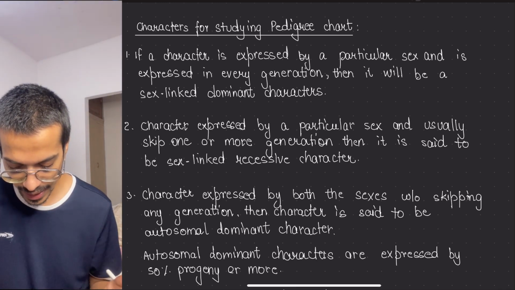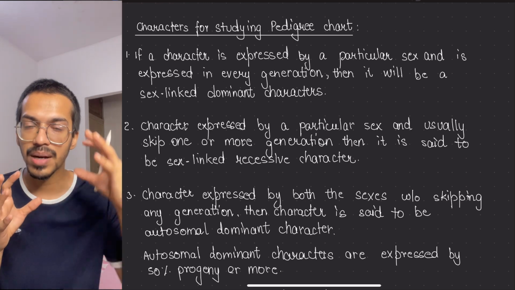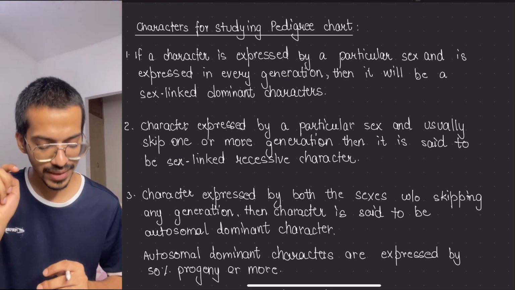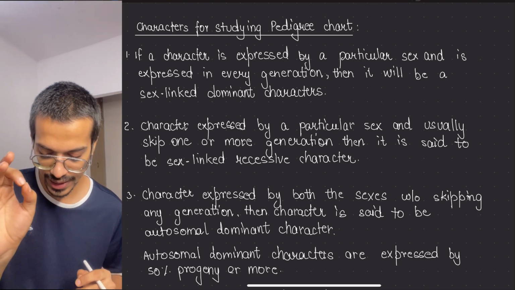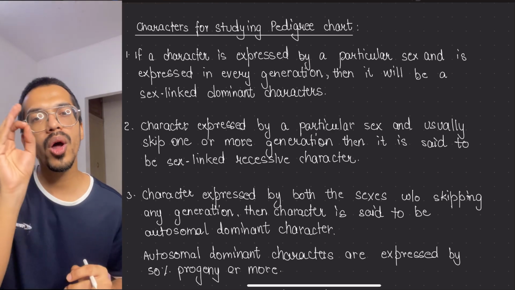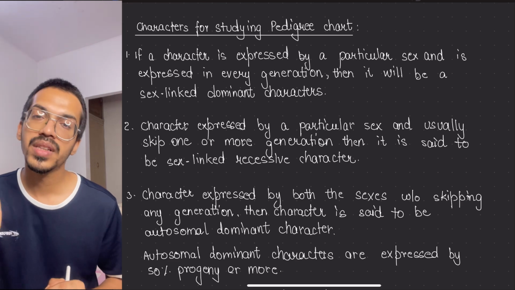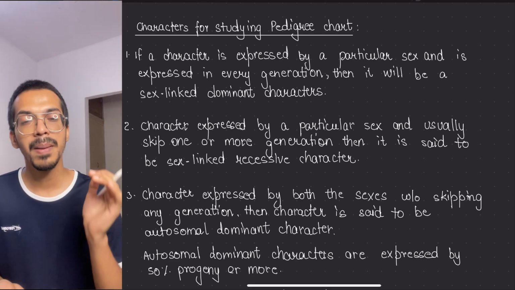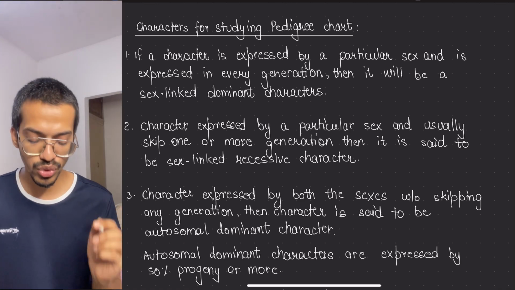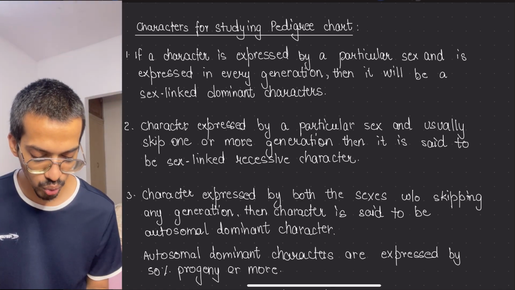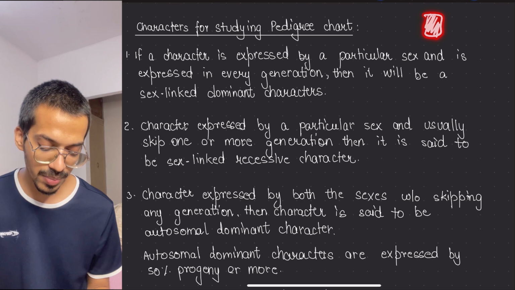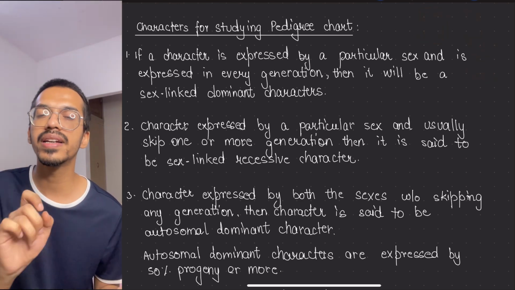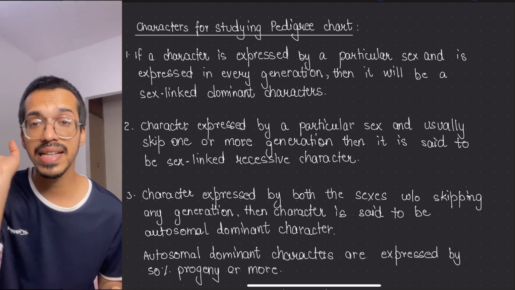Now let's see, if the generations are there, first of all, one by one you will see the thing. First, we will find out whether a particular trait is sex-linked or autosomal. Sex-linked means that only one sex would be affected. If only the boxes are shaded, or only the circles are, meaning only one sex in the whole pedigree is shaded, it is a sex-linked disease.